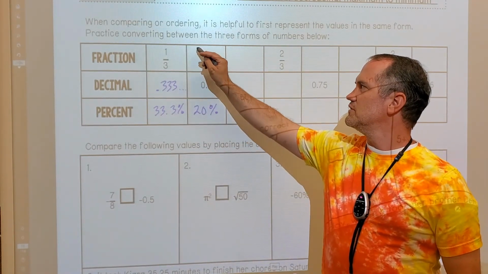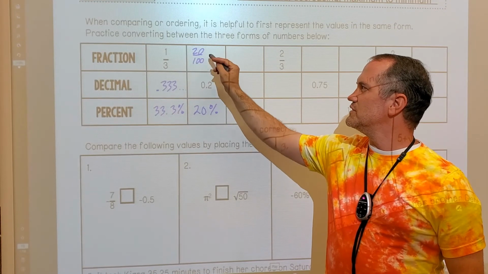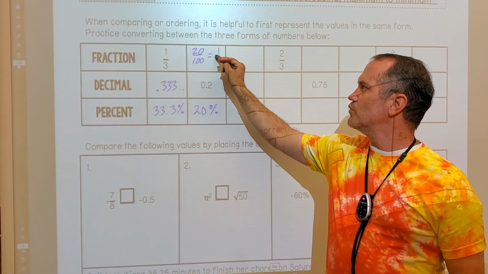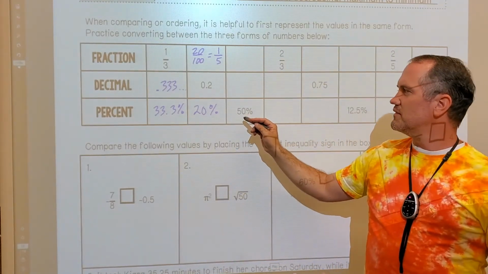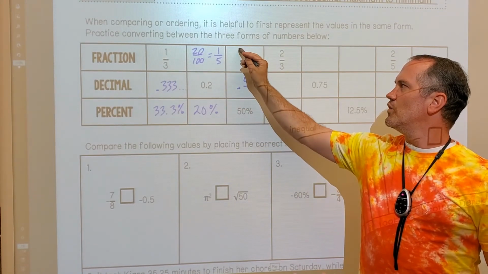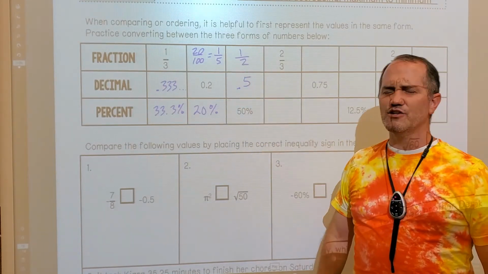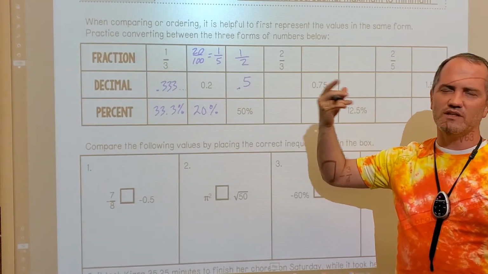As a fraction, 20 out of 100, which should have been 2/10, which should have been then 1/5 is what it reduces to. 50%, that is 0.5 as a decimal, and 1/2 as a fraction. Okay, or 5, it goes from 5/10 and then to 1/2. That's why there's no 5 there.